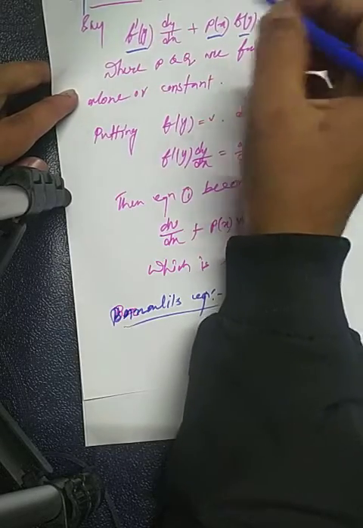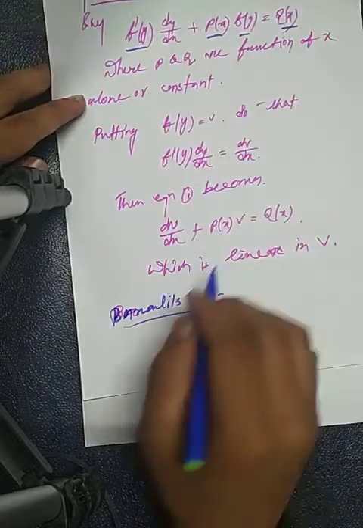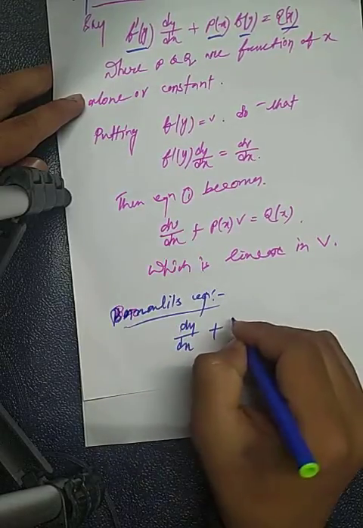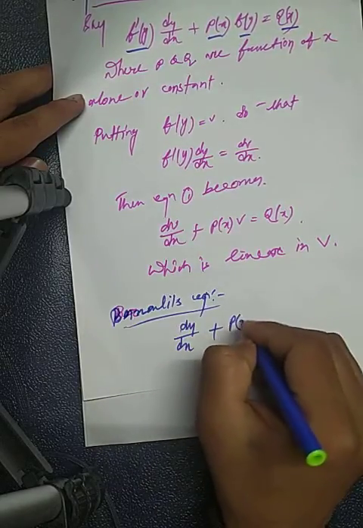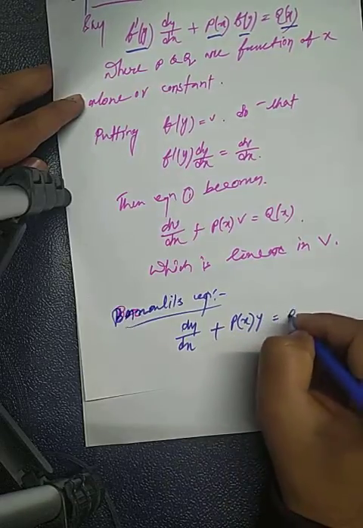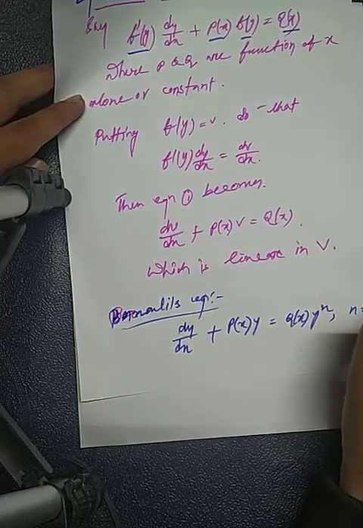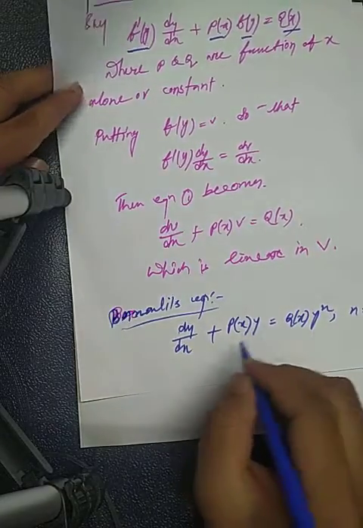Bernoulli's equation is of the form dy/dx + P(x) y = Q(x) y^n, where n is not equal to 0 or 1.